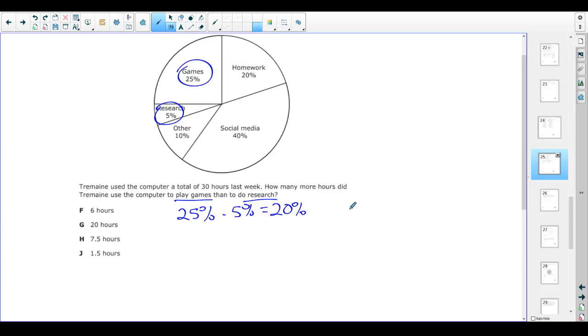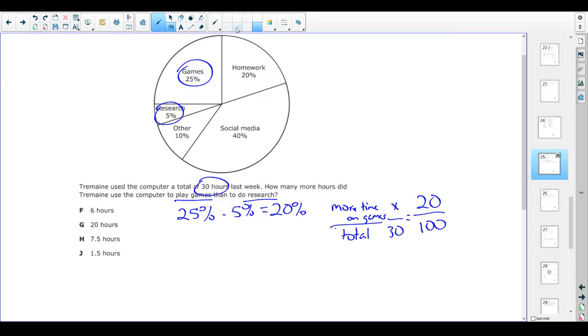So I can say it's a proportion. Anytime we're doing percent, it's a proportion. This is the amount of more time on games, out of the total, right? And we want to know that's x out of 30 total hours. So x over 30.